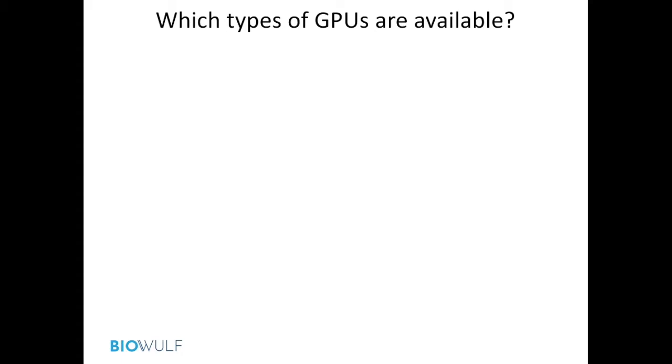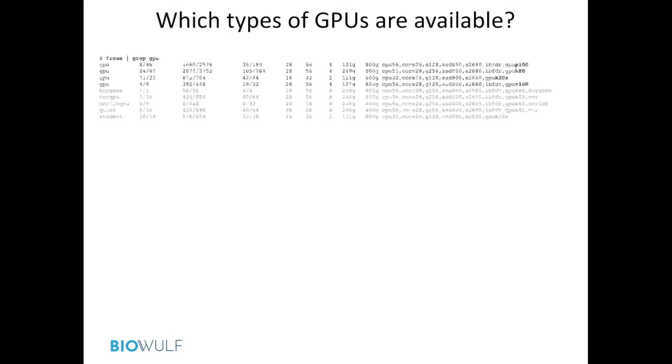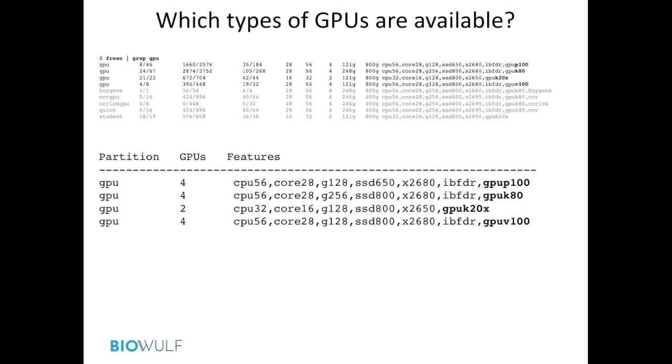In a previous video, we've seen the freen command used to list the various node configurations and their partitions. If we pipe the output of freen and grep for the string GPU, we'll discover all node configurations containing GPUs. In this excerpt from the command's output, we see that there are 4 different node configurations in the GPU partition.